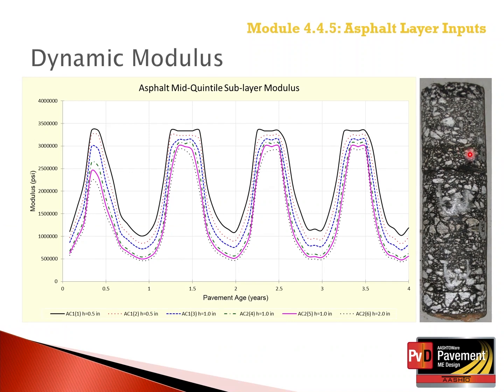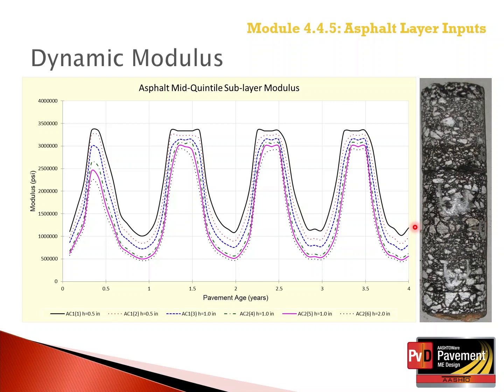This chart shows a graphical illustration of the calculated dynamic modulus values over 4 years, construction year 1, year 2, year 3, year 4, for a specific mixture and different layer thicknesses.